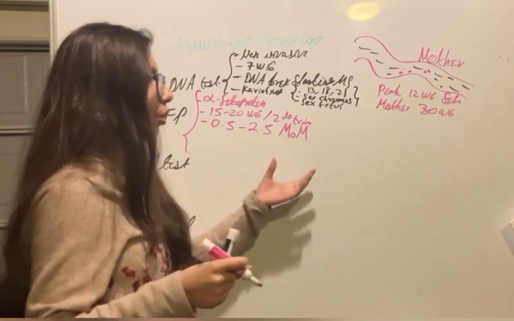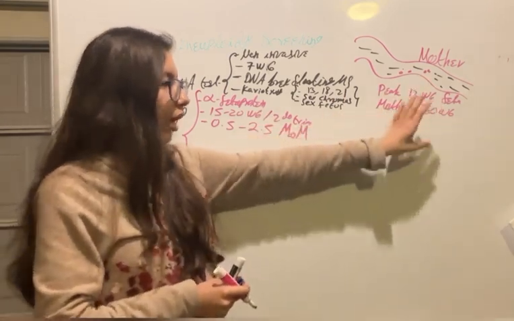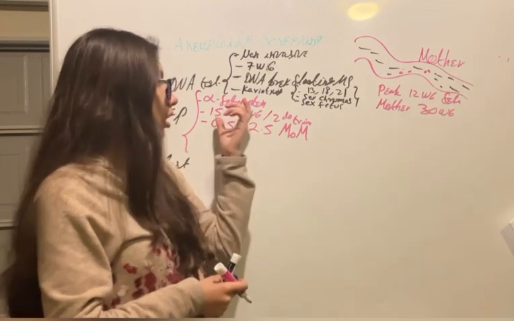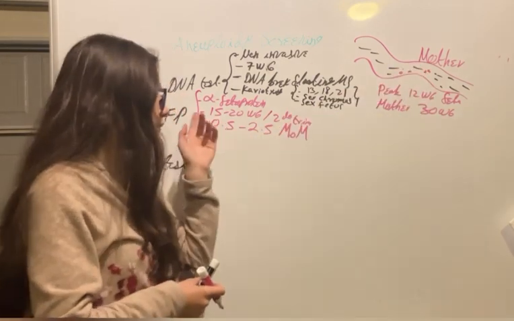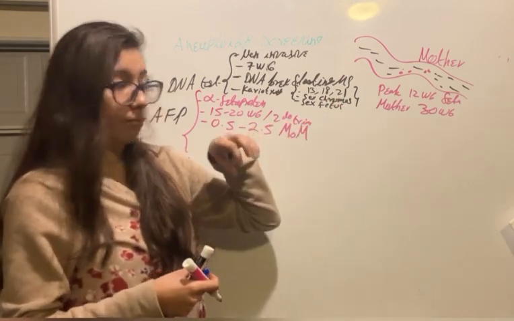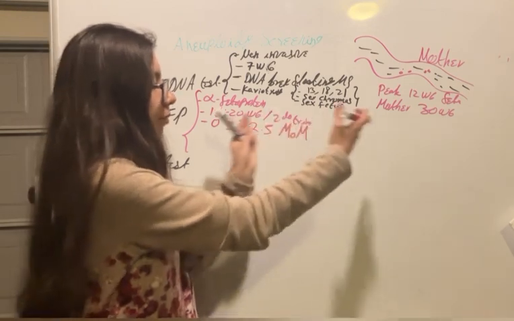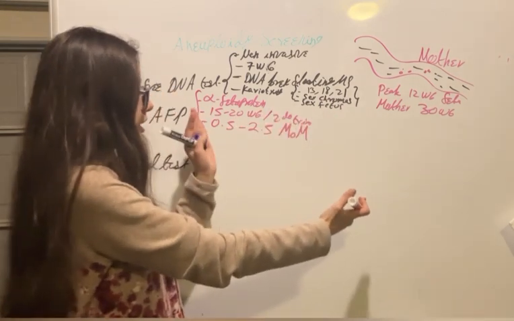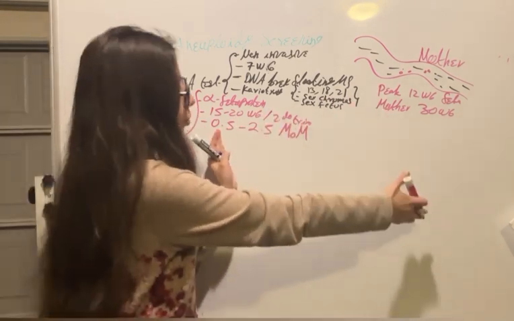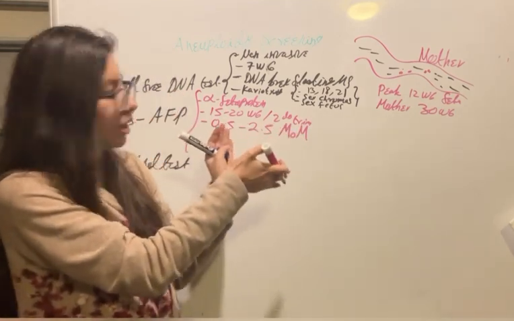So whatever the normal median of alpha-fetoprotein in maternal serum between 15 to 20 weeks gestation, whatever that be the median, then we take a multiple between 0.5 to 2.5. Then that is what we call the normal range.